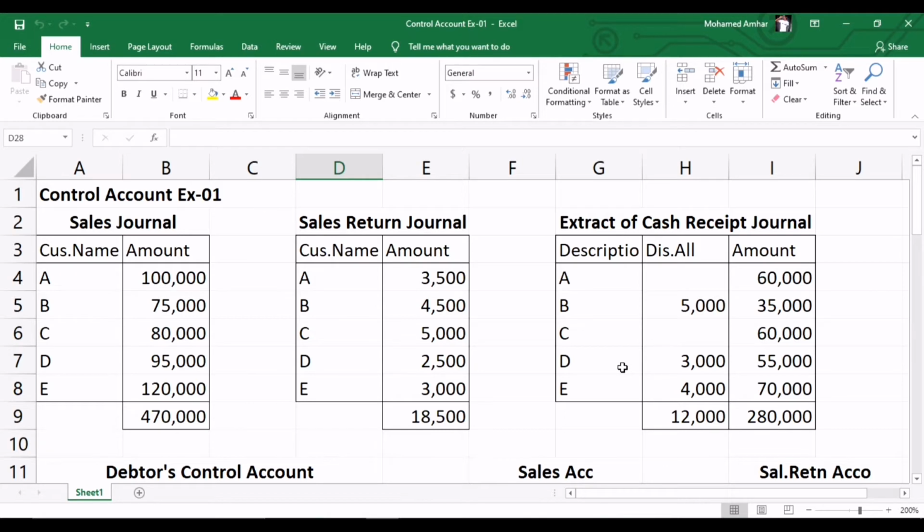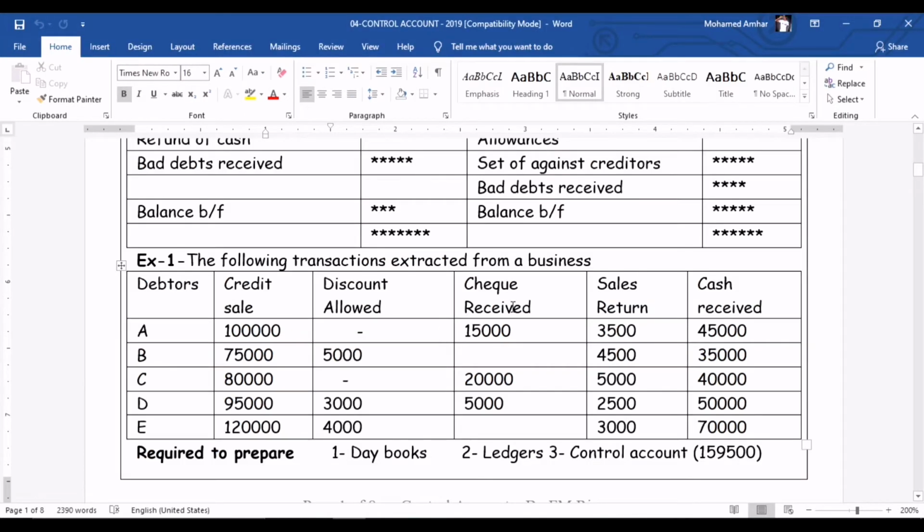Right. And according to this example, we have received cash. See, from A, B, C, we have received cash and cheques. When receiving cash and cheques, we have allowed discount also. So you can show this in the cash receipt journal.